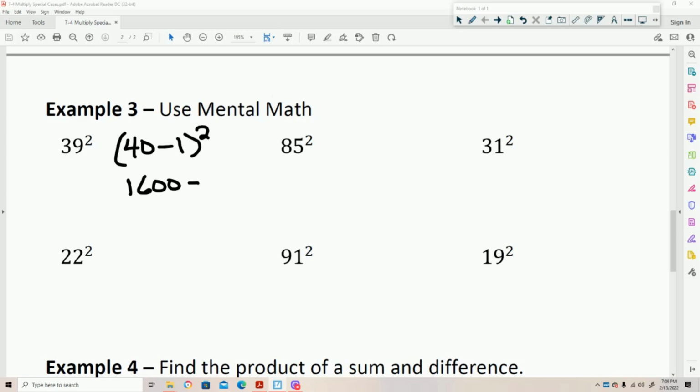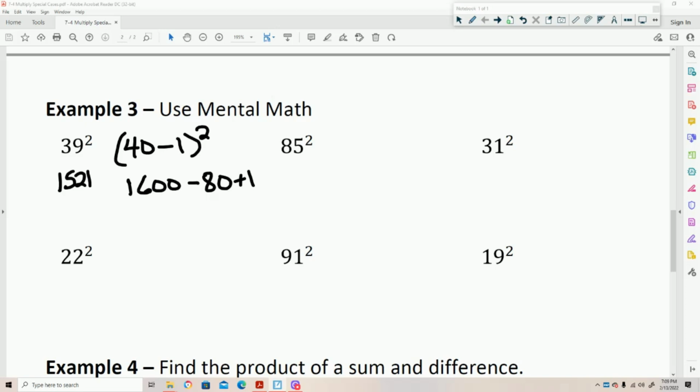The middle term, you got 2 times 1 times 40, which is 80. And for the last term, you get plus 1. Okay, so 1600 minus 80 is 1520, and you add 1 to that, you get 1521. Okay, might be a lot to do in the old brain, but it can be done.